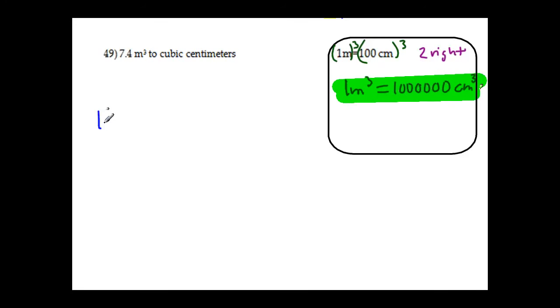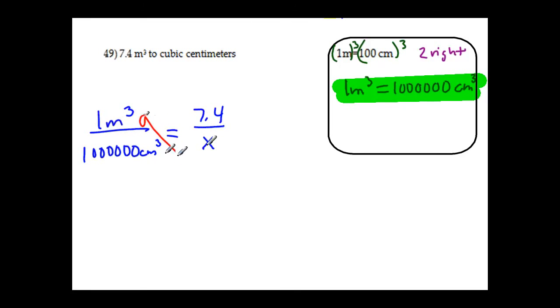Using proportions, 1 meter cubed equals 1,000,000 centimeters cubed. The 7.4 goes in the numerator because that's the meters cubed. We don't know the centimeters cubed. Cross multiply.